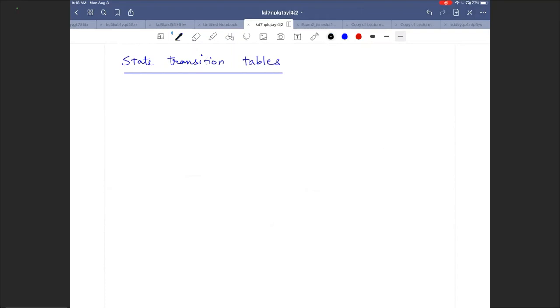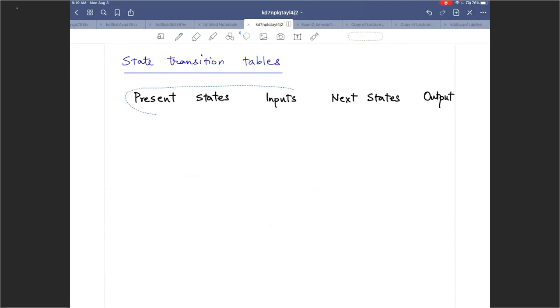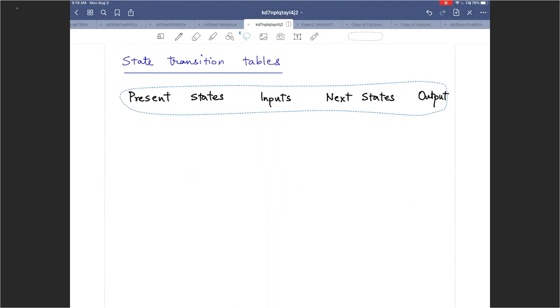The pattern is always going to have present states, inputs, next states, and output. Four of these always.